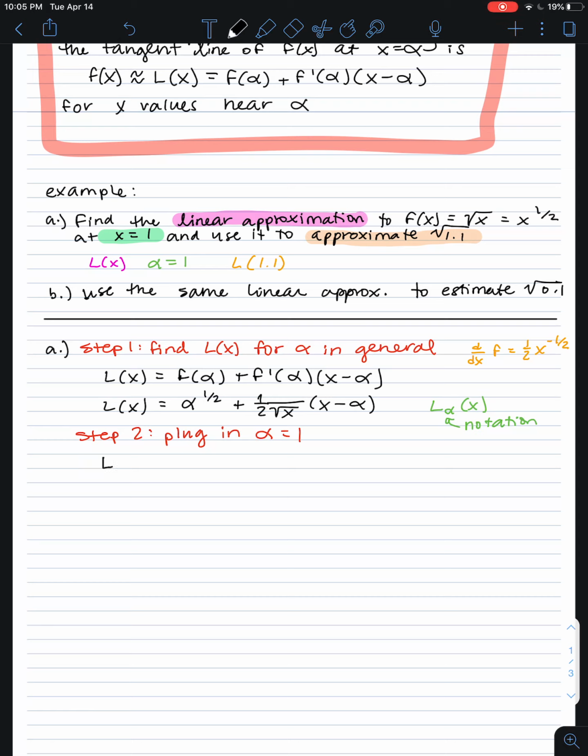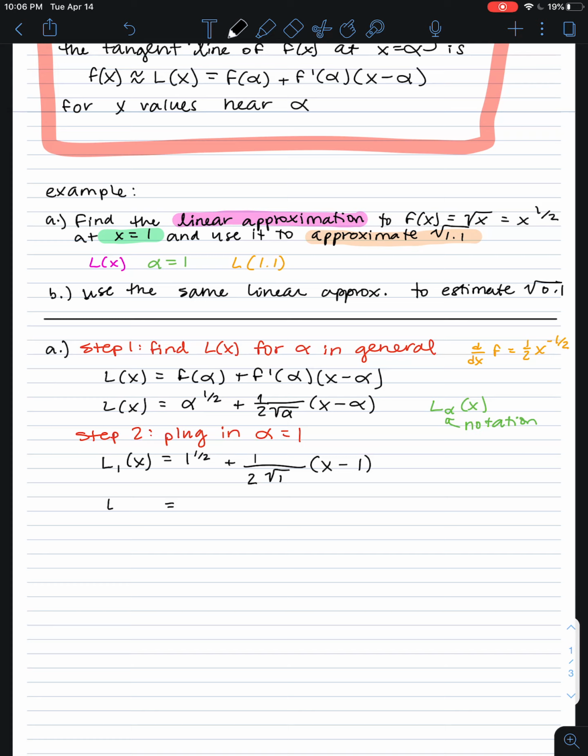So I would say L sub 1, because alpha is equal to 1, of x is equal to 1 to the 1/2 plus 1/2 times the square root of x. Oh, sorry guys. This shouldn't be x. This should be alpha. Okay, because I took my derivative and then I needed to plug in alpha. Anyway, so now down here I need to plug in 1 for the square root of alpha times x minus 1.